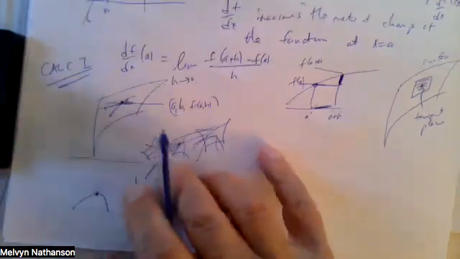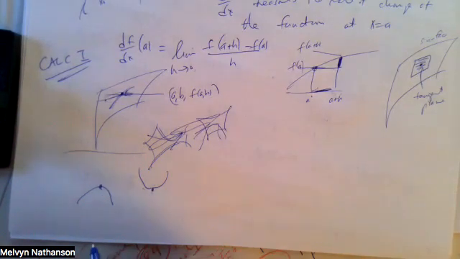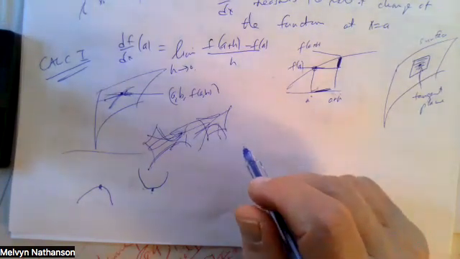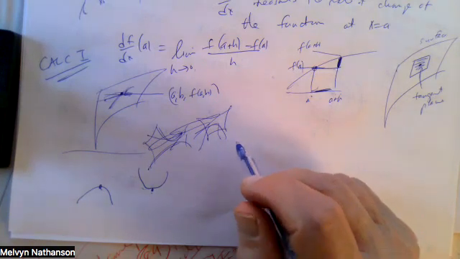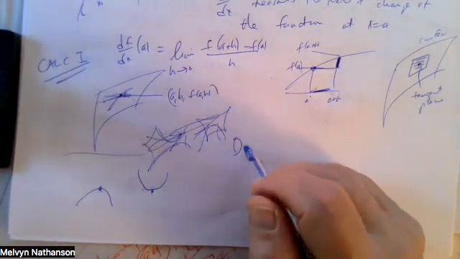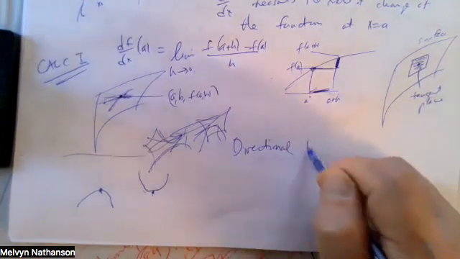So in one direction, the function is decreasing, but in a different direction, it's increasing. So what really is important, if you want to extend the notion of derivative from a function of one variable to a function of more variables, you have to look at what we call the directional derivative. It's the rate of change of a function.